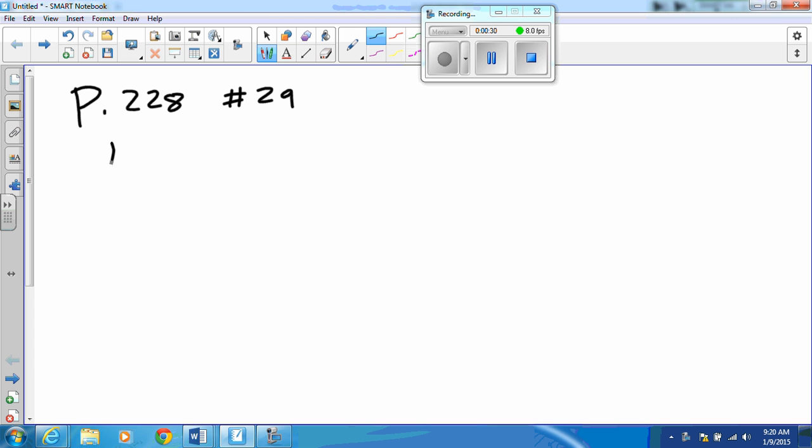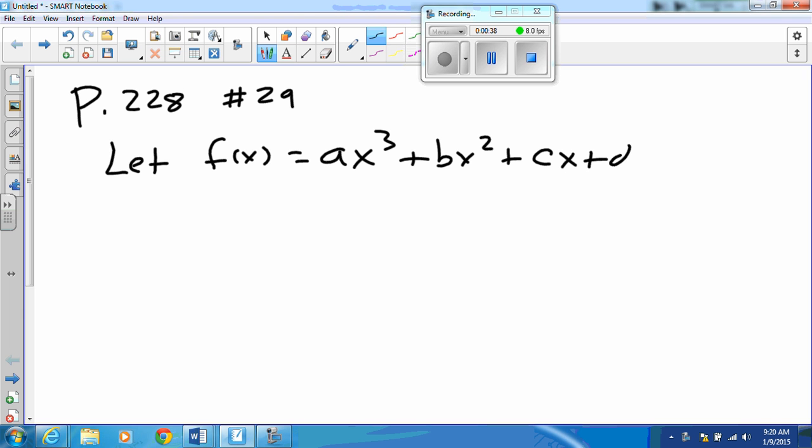And here they tell us to let f of x equal ax cubed plus bx squared plus cx plus d, where a is not equal to 0.